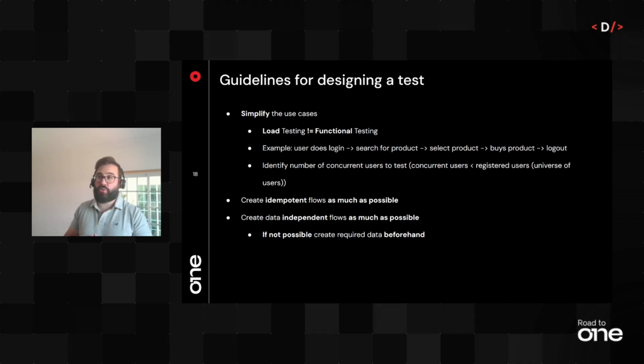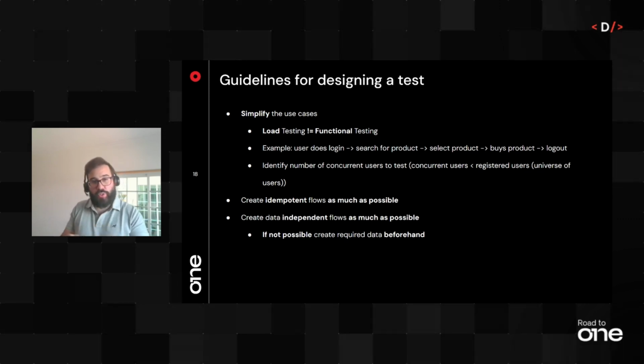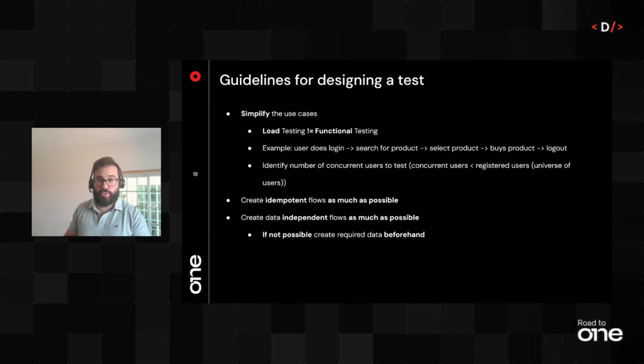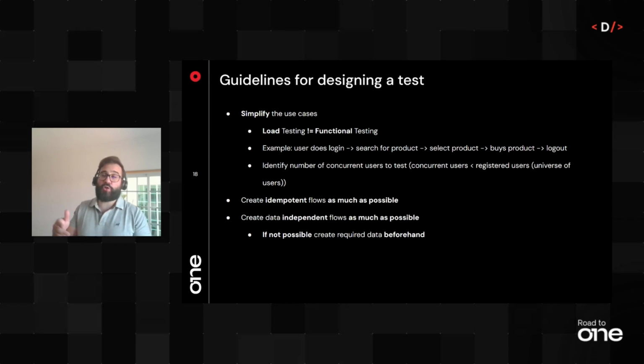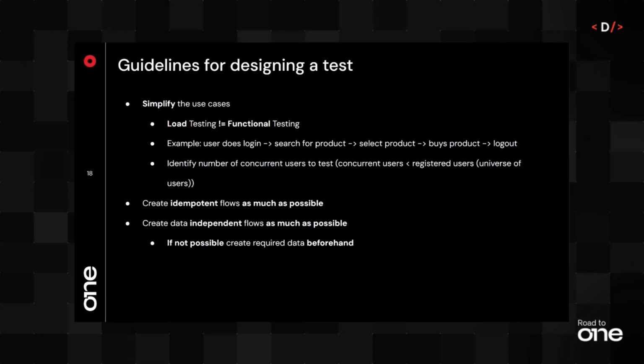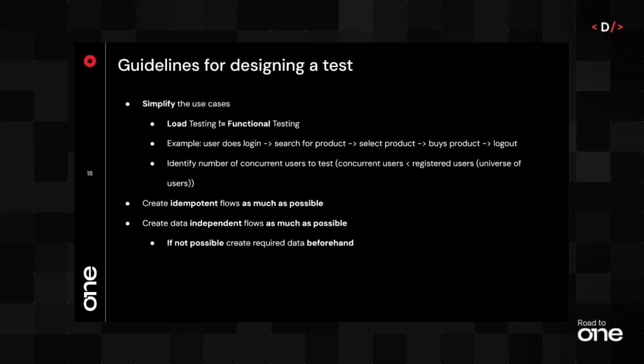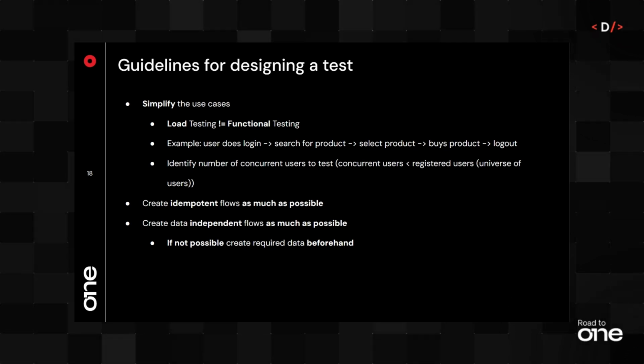The purpose is to do tests over some flows that are used the most, the ones that will have a high load of users, and it should not be used to test every object in the application. So the purpose is, like we have in an example: log in, search for a product, select the product, buy the product, and log out.